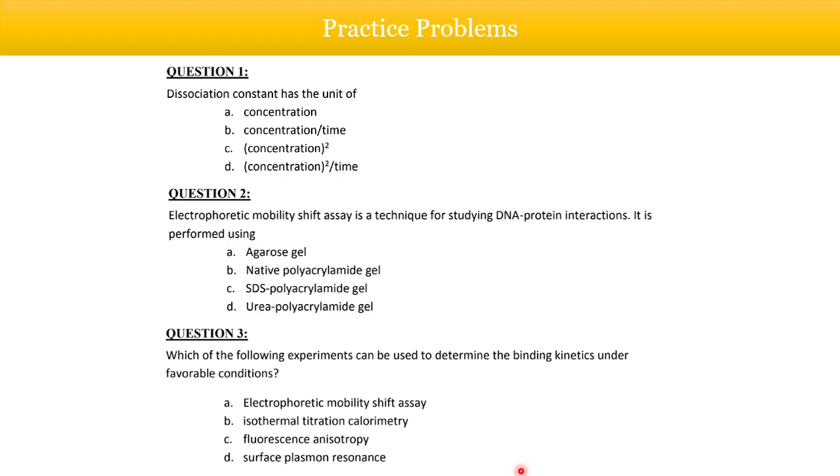So how do you measure dissociation constant? I just spoke about this in some slides. So the association constant has a unit of molar minus 1, and the dissociation constant is 1 by Ka, that is 1 by molar minus 1, that is molar. So that is simply concentration. So option A is the correct one over here.